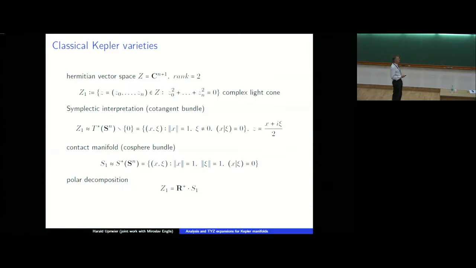And the identification is again z equals x plus i xi halves. And trivially, we have a kind of polar decomposition. Namely, the cotangent bundle without the zero section is R plus, the positive half line, times S sub 1. You can always normalize. So S sub 1 is the base and R plus is the fiber.